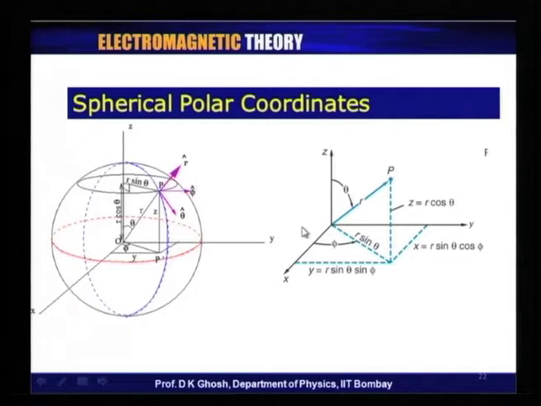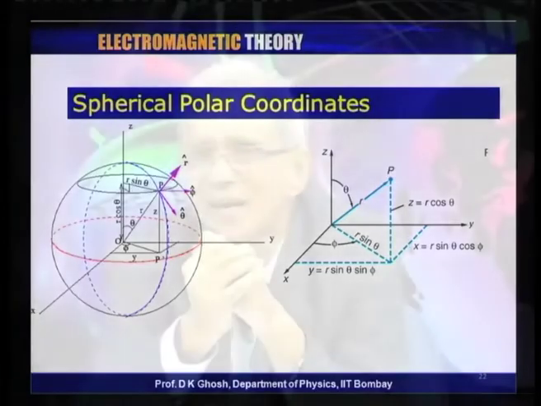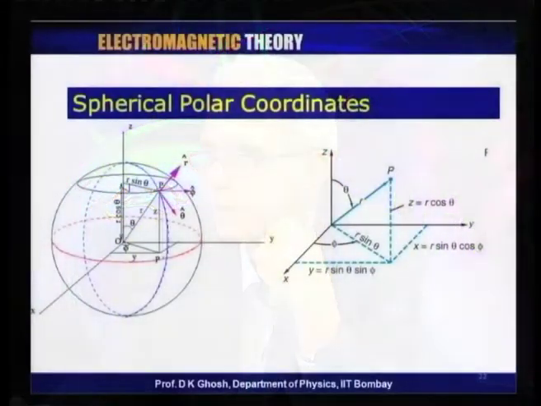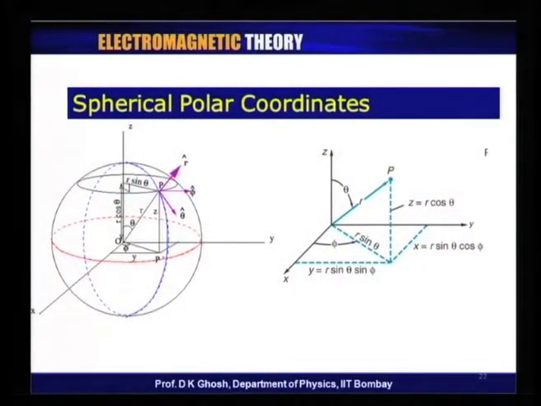Now, you can immediately see what are the relationships between the x, y and z coordinates of the Cartesian system with my spherical polar coordinates. So, one of them is obvious, which is z is equal to r cos theta. Now, let us look at what is x.